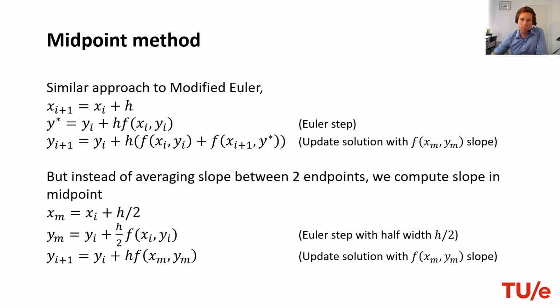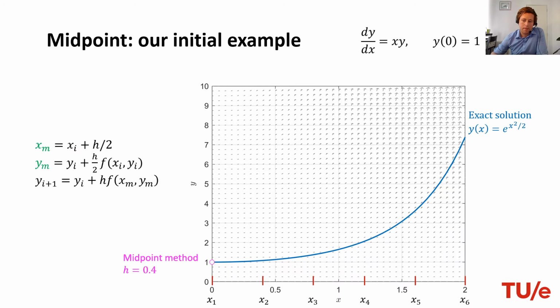So let's take a look at what this looks like in a practical example. Here we revisit our initial example. It's getting very similar to what we've seen before, but this is the ordinary differential equation, the initial condition, and the exact solution, and let's walk through the midpoint method for solving this initial value problem.